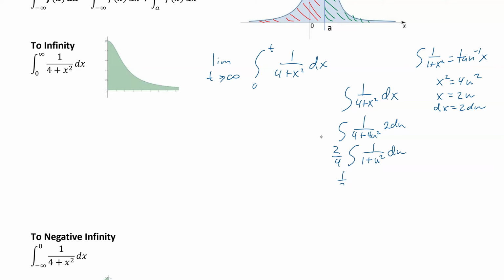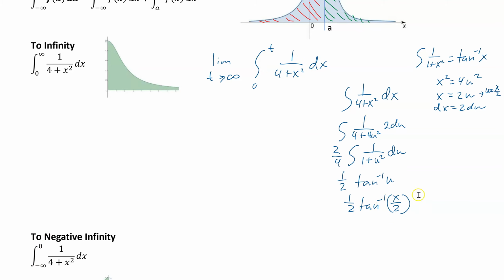So this is 1/2 inverse tangent of u. And what is our u? Our u is x divided by 2, so x over 2. So this would be 1/2 inverse tangent of x over 2. All right, so now we know that the integral is going to become 1/2 inverse tangent of x over 2.